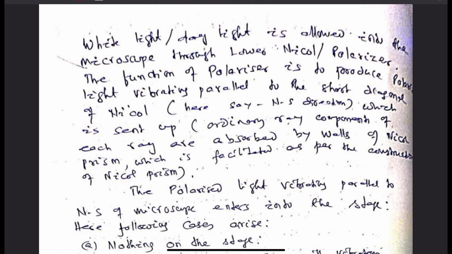The ordinary ray component of this white light has been eliminated, and the E-ray components have been allowed to pass through the polarizer vibrating parallel to the north south of the microscope, and in this condition they come up to meet the mineral on the stage of the microscope.